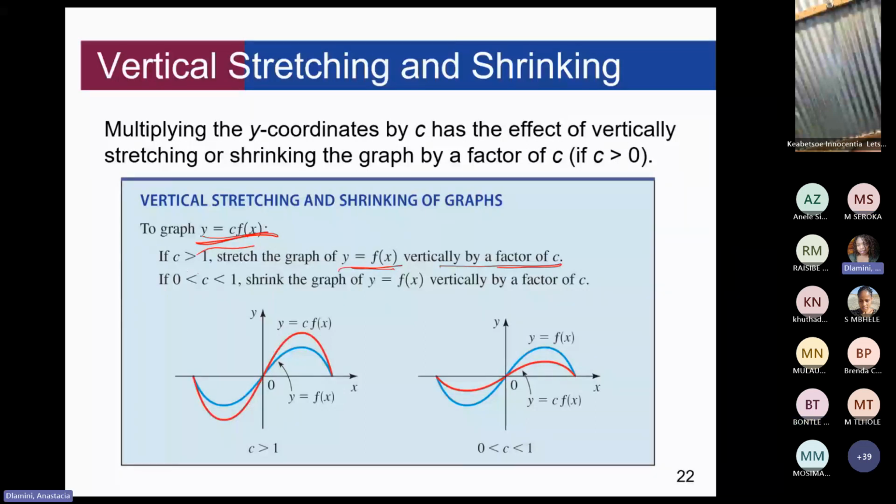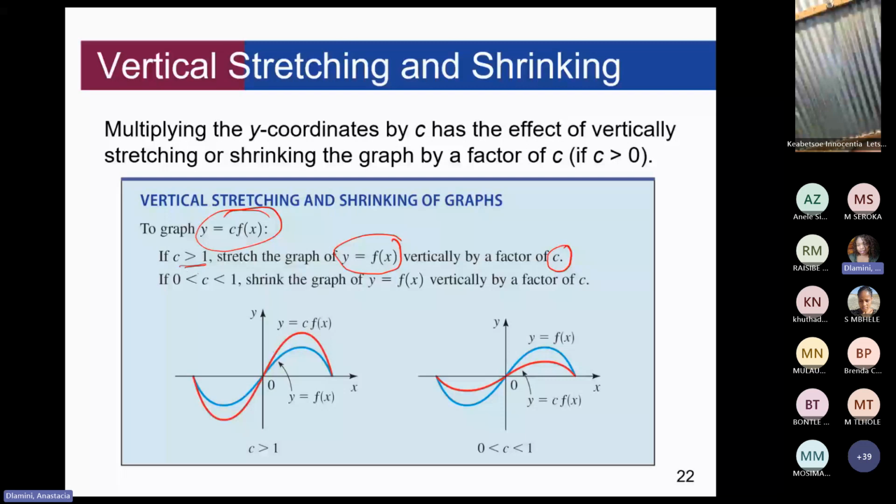So they are saying that if you have this, it means what you did is you took this and multiplied by a constant c. Assuming c is greater than 1, meaning c is 2 or 3, you have stretched the graph.